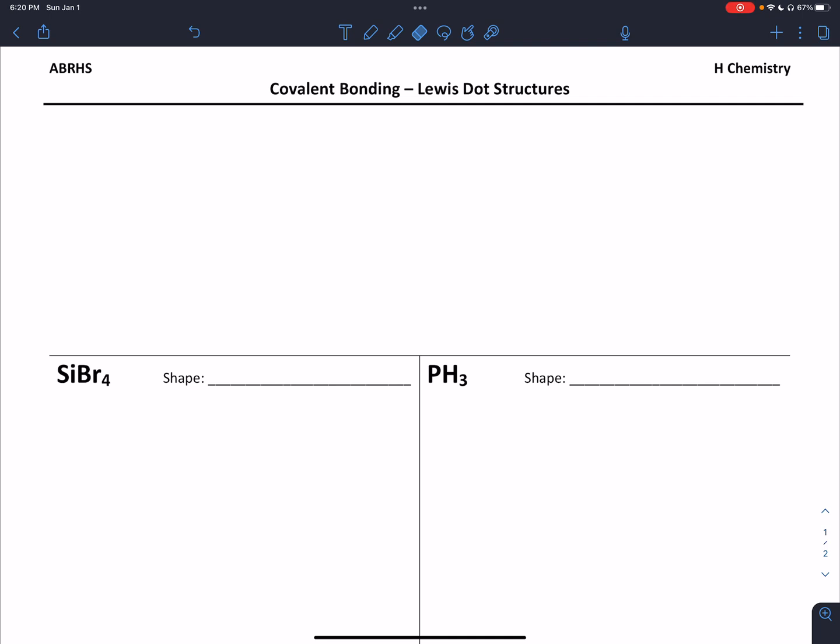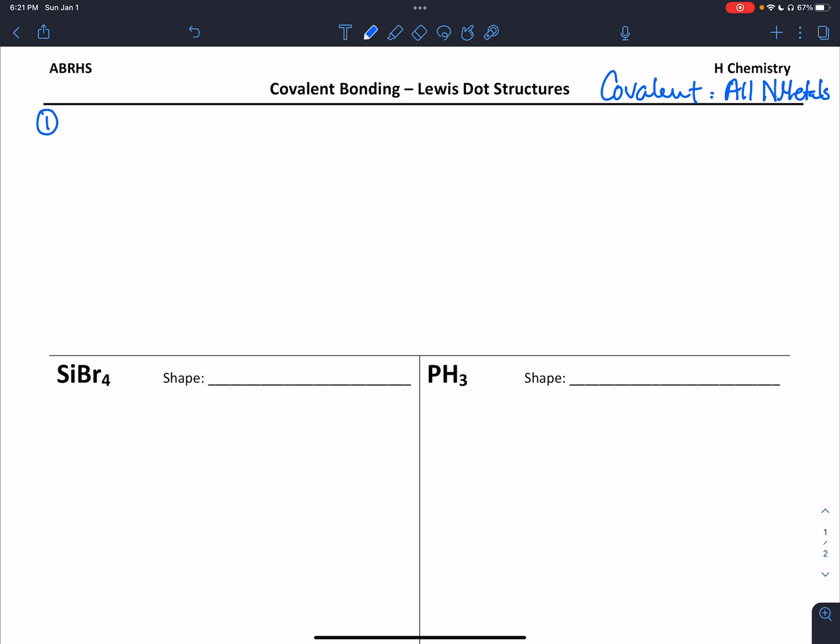All right. So whenever I'm given a covalent molecule, and remember, covalent means all non-metals, the first thing I do is tally up how many valence electrons I have to work with. Because remember, when we form bonds between atoms in a covalent molecule, they do so by sharing valence electrons.